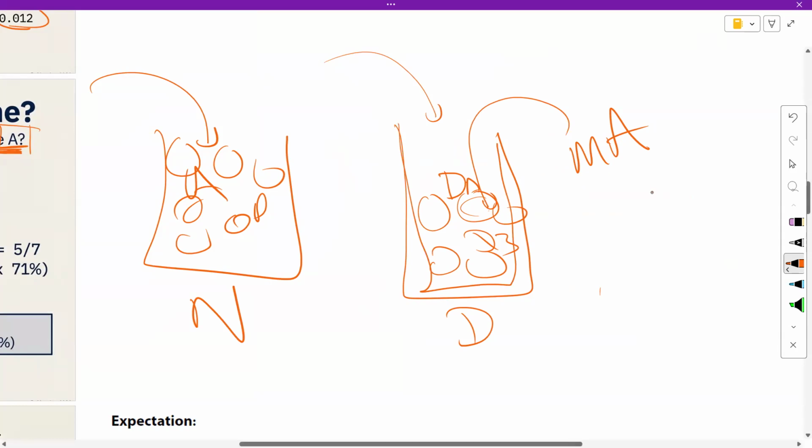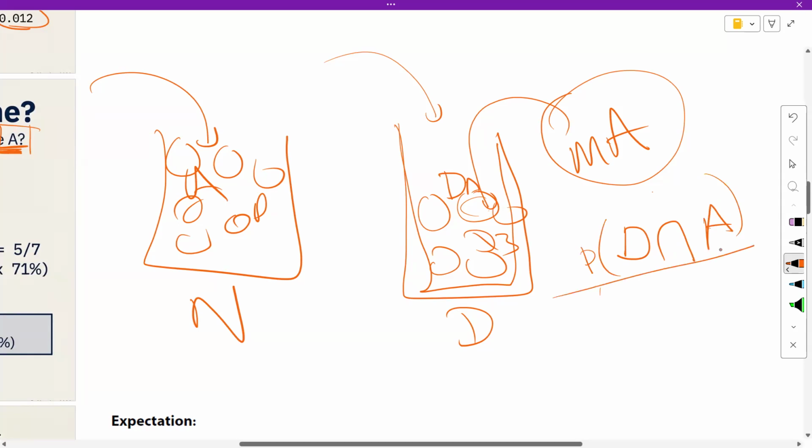Of it, we have to get the common items, which should be defective and should be produced by machine A. We have to find that probability out of all defective items.